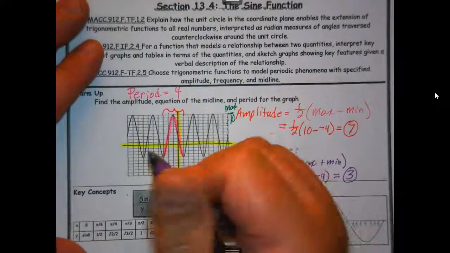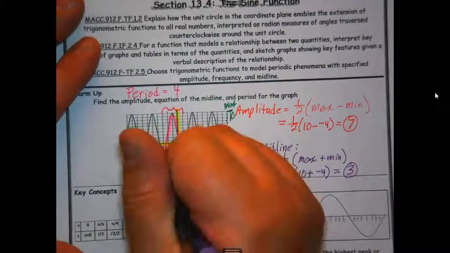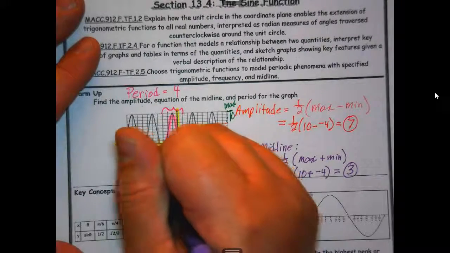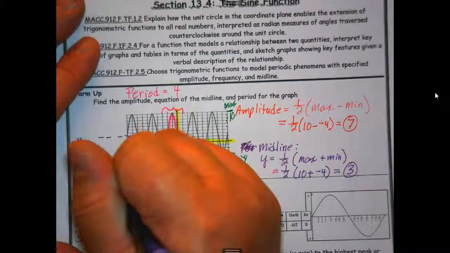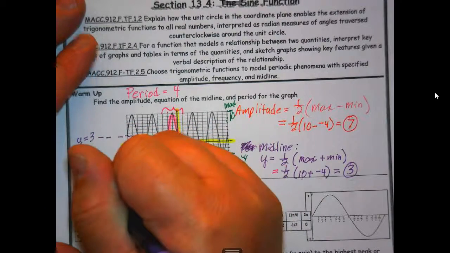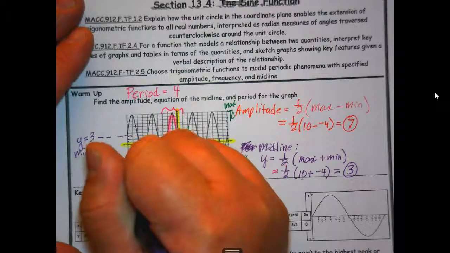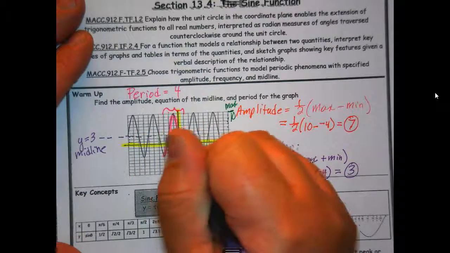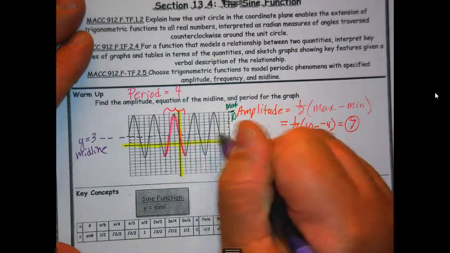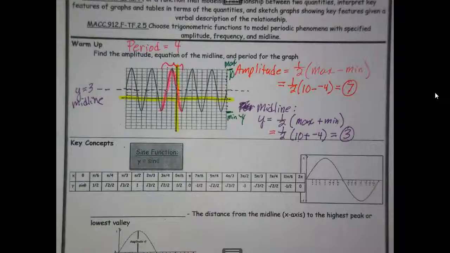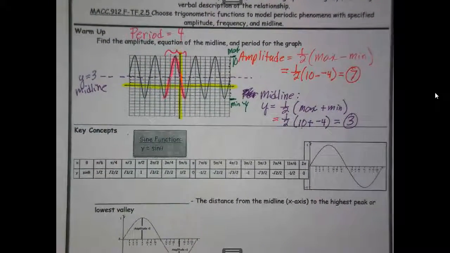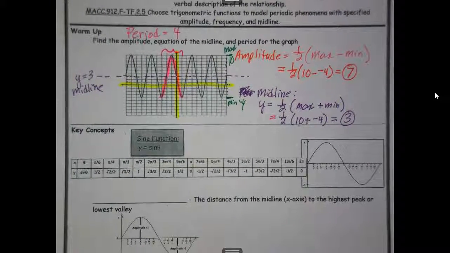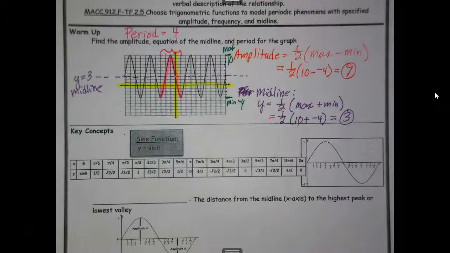So the equation of the midline, the horizontal line, is y equals 3. Okay, so there's my midline. Remember, this was all review. Fantastic.